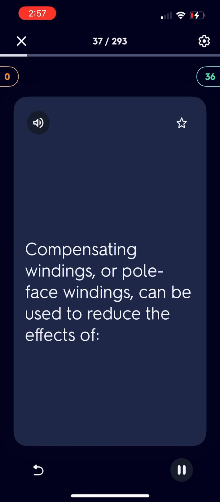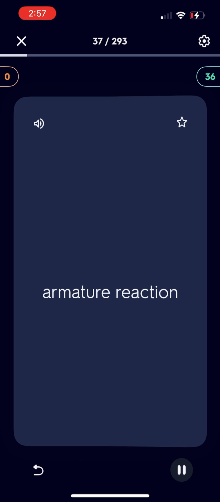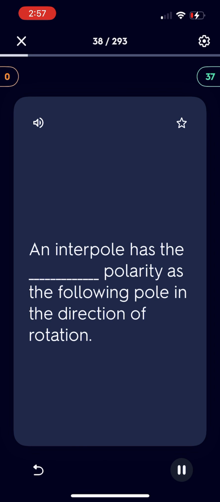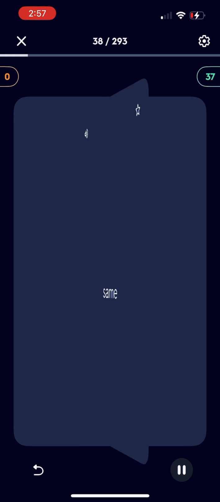Compensating windings, or pole phase windings, can be used to reduce the effects of armature reaction. An interpole has the same polarity as the following pole in the direction of rotation.